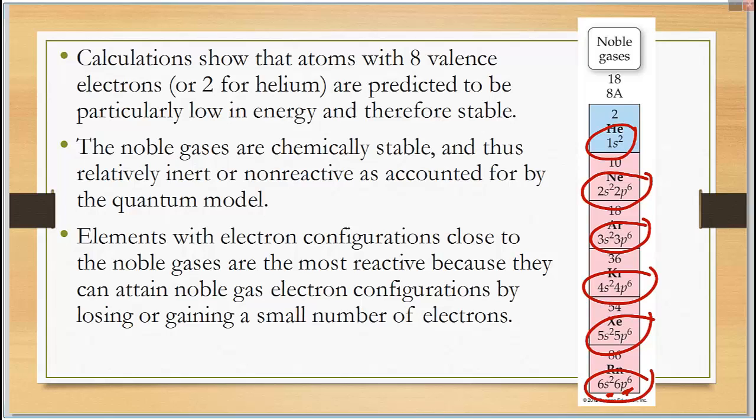Elements with electron configurations close to the noble gases are the most reactive. For instance, the halogens are right next to it, or the alkali metals are on the other side, but if they just lost 1 electron, they can go the other direction and be like a noble gas. This is because they can attain the noble gas electron configurations by losing or gaining a very small number of electrons.